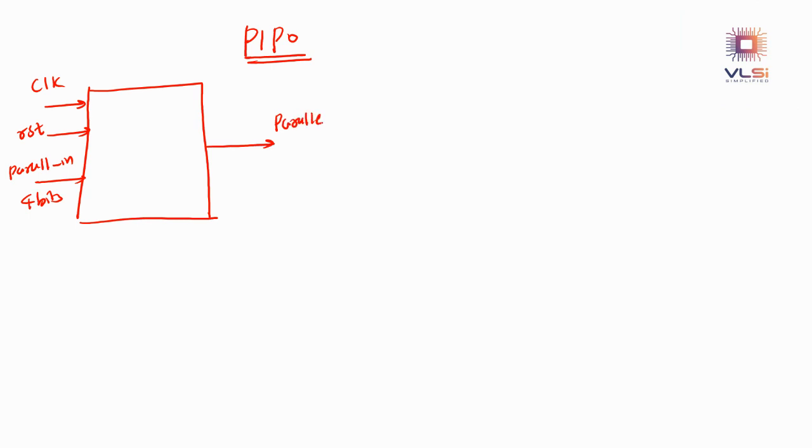For this, I want to write the Verilog code. Module PIPO, parallel in parallel out, this is the identifier I'm using. What inputs are you using? Input clock, reset. As this is multiple bits, I need to declare input again.